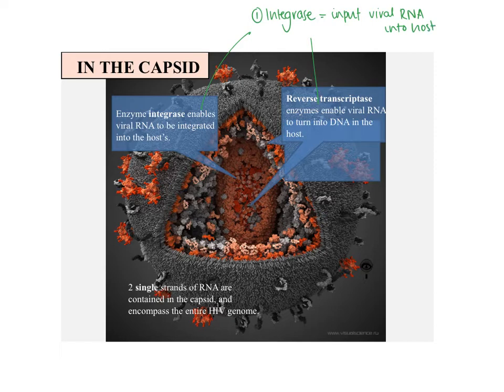And the reverse transcriptase enzyme, which is just in this bubble here, I'm going to label as RT, is an enzyme that turns viral RNA to DNA. And then it can even better integrate into the host's genetic material.